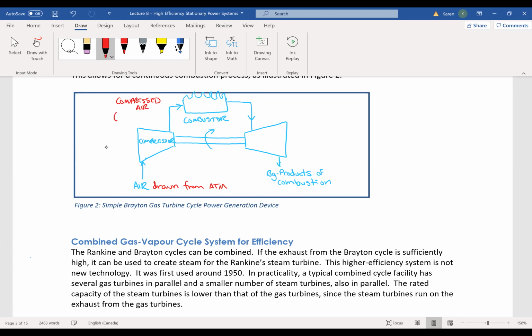And the reason you would need compressed air is that's your oxygen source. Of course, oxygen is required for combustion. What you need to add to your combustor is fuel. So that's where your cost is, adding that fuel in. It's the cost of that fuel. And of course, work comes out of this gas turbine.